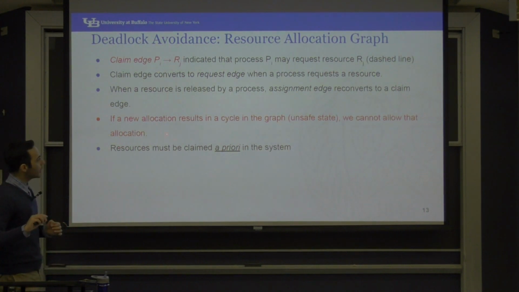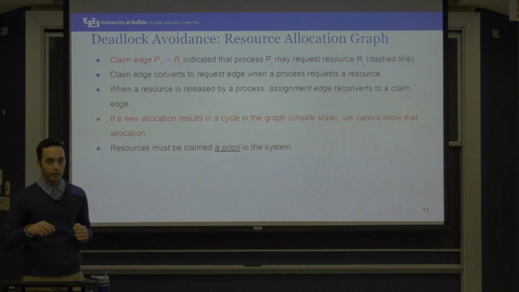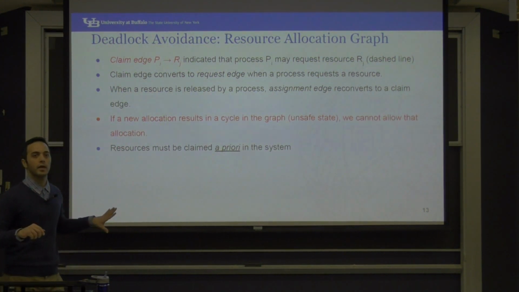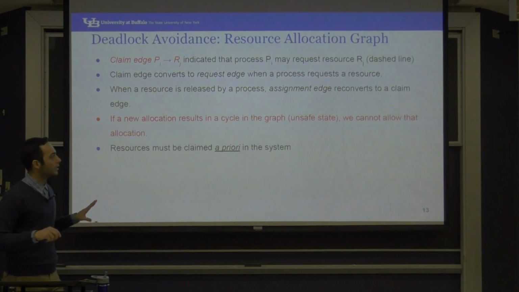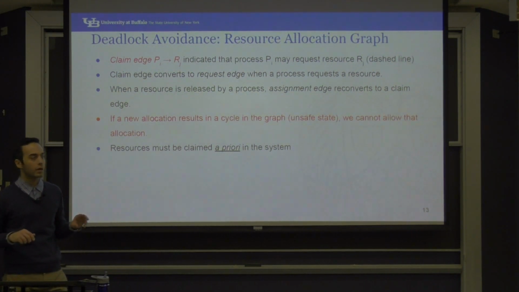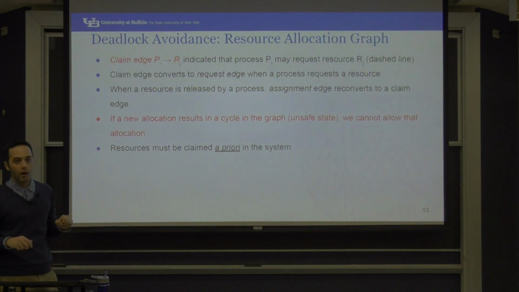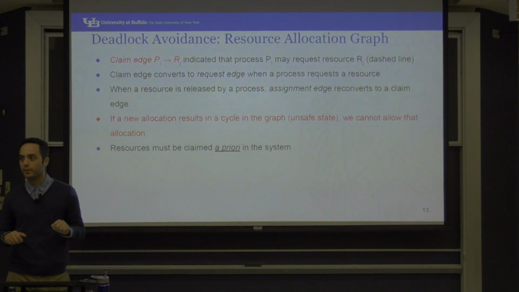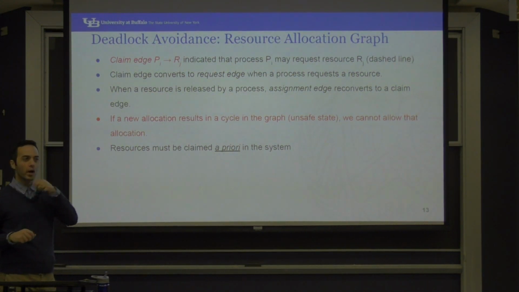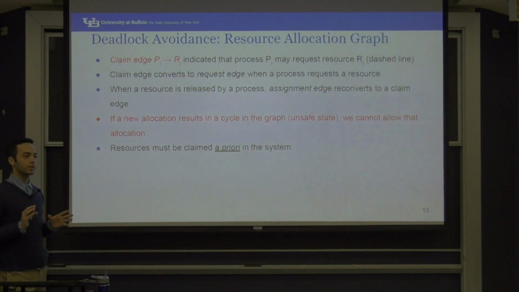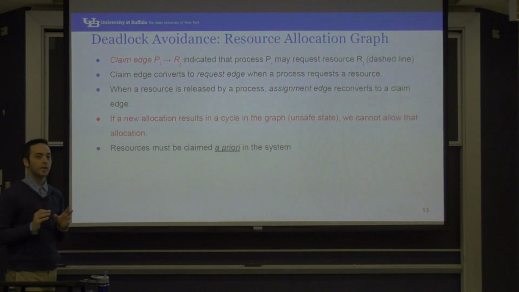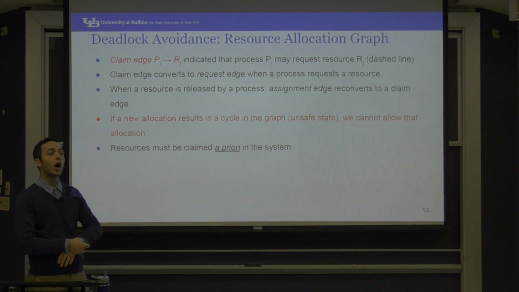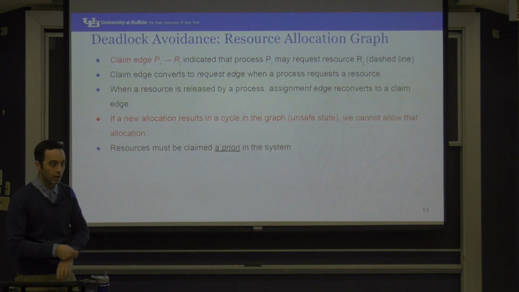So if a new allocation results in a cycle in the graph, including the dashed lines, then it's an unsafe state, right? And then we cannot allow that allocation to happen. Again, remember, we're adding something to the resource allocation graph, and that is the dashed lines, which are possible requests in the future.